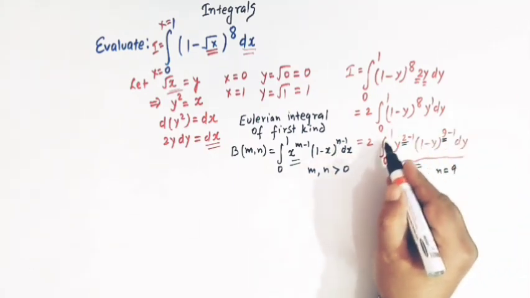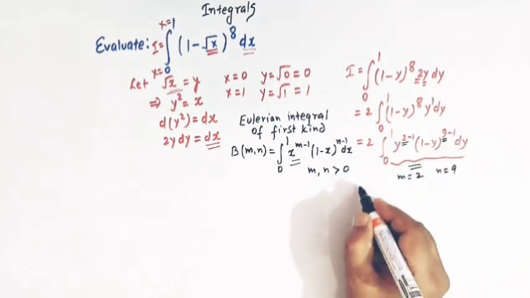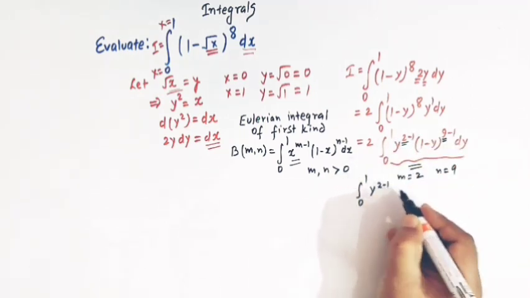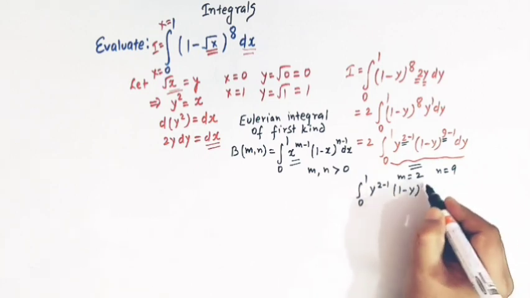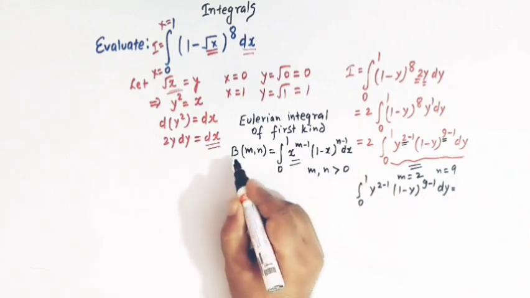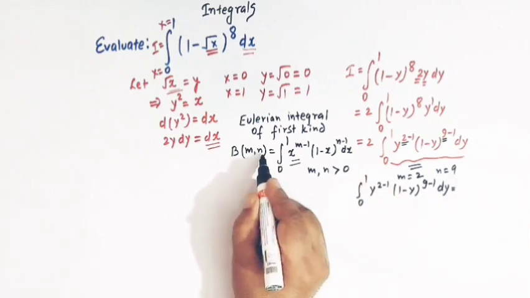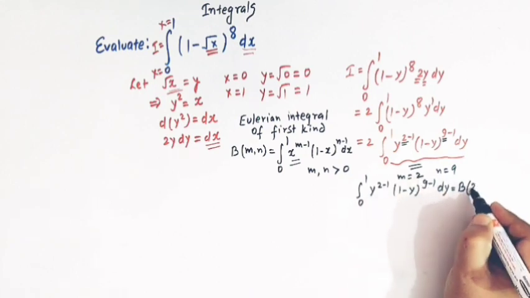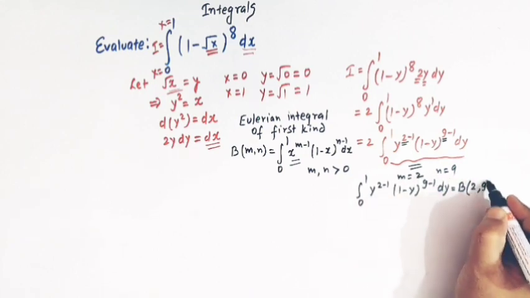So we have now this integral, that is 0 to 1, y raised to 2 minus 1, (1 minus y) raised to 9 minus 1 dy is equal to beta of (m, n). So here we have beta, m is 2 and n is 9, right?